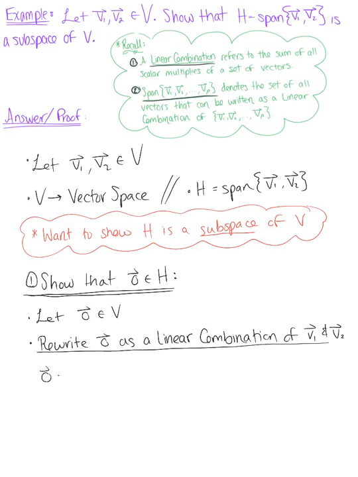So we can say that our zero vector can be redefined as 0 multiplied by vector v1 plus 0 multiplied by vector v sub 2. And this tells us that since H is the span, or the collection of all possible linear combinations, the zero vector is in H. So we have met our first condition.